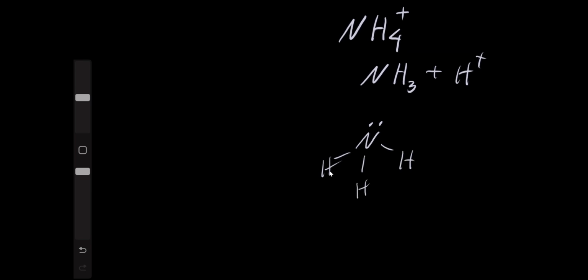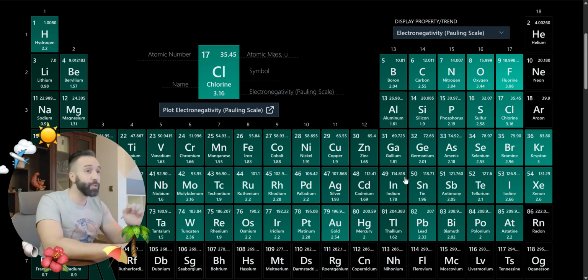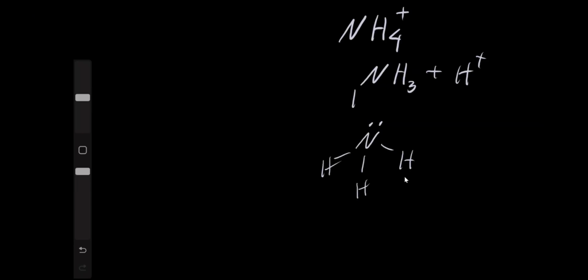So here nitrogen is happy, it's got 8 electrons, hydrogens have 2, they're happy. And then H plus comes in, but H plus comes in here without the electrons. So these 2 electrons here actually now become a bond to this H plus.